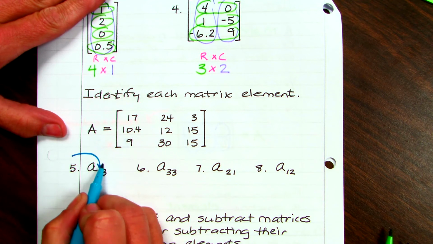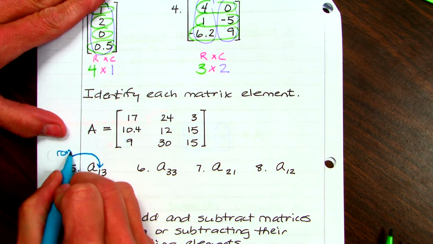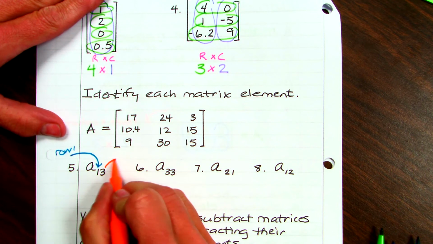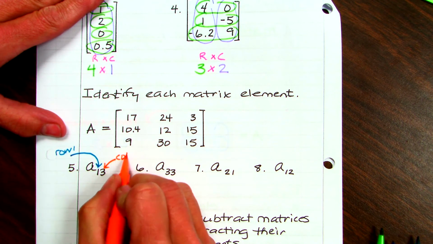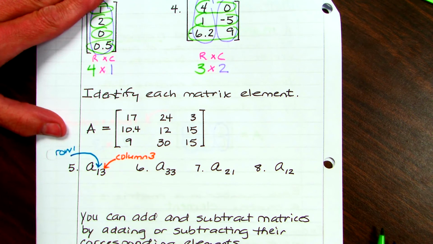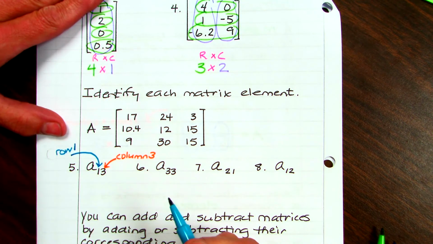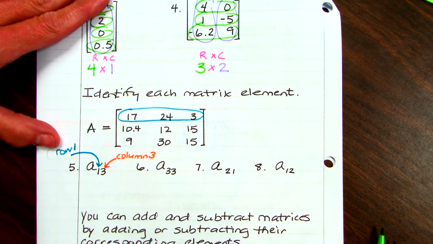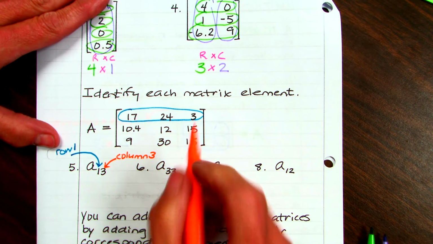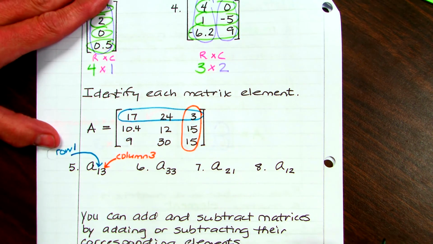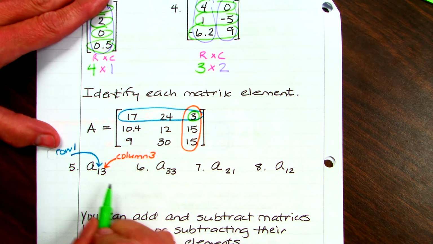So this first number is row 1, and the second number is column 3. So row 1, column 3, overlaps. So the element we're looking for is actually 3.